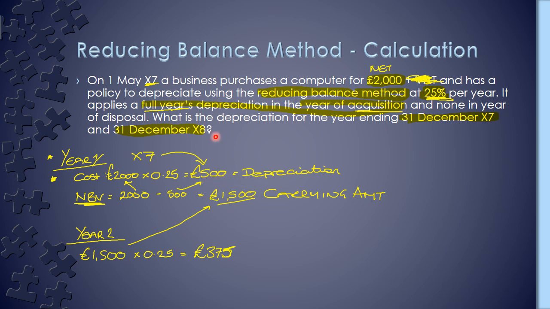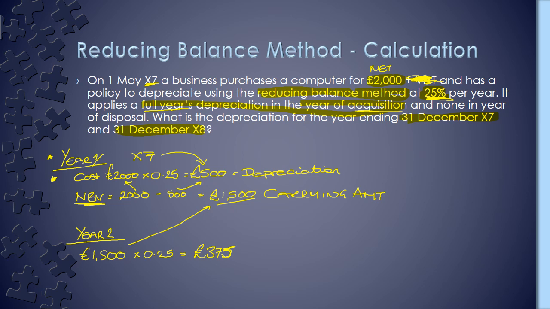But on your reducing balance method, because you then take the new carrying amount as the amount that you're going to apply depreciation to in year 2, your depreciation reduces from £500 down to £375 in year 2. And that's the difference between the two different methods. Your straight line method would have stayed at 500, but your reducing balance stays at 375. And think of the term reducing balance. So your balance every time is going to come down.